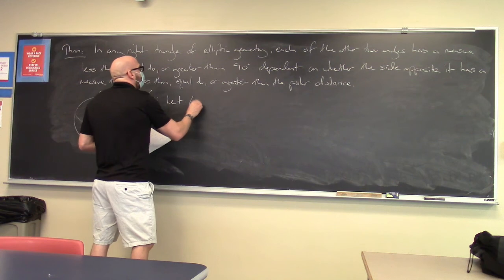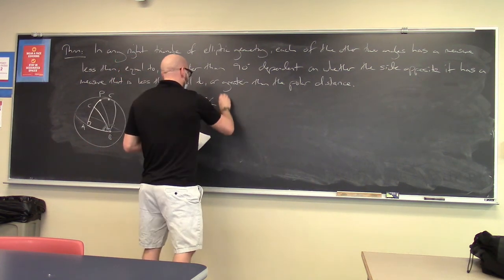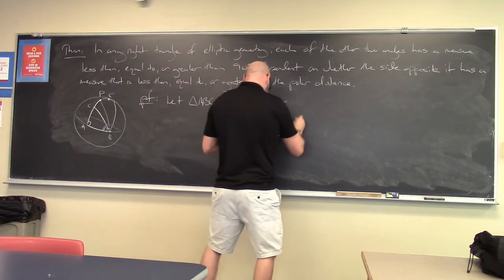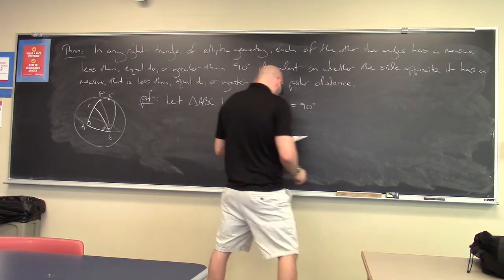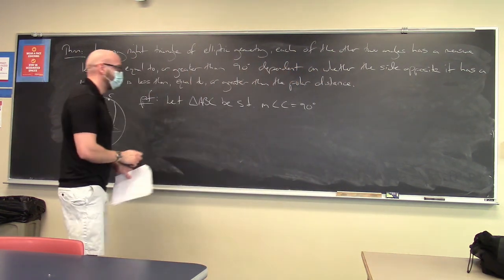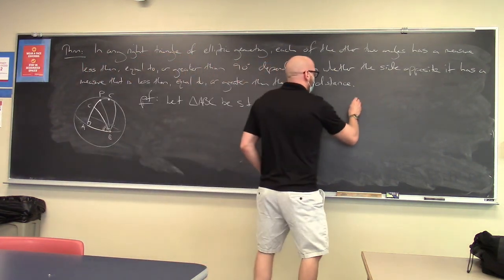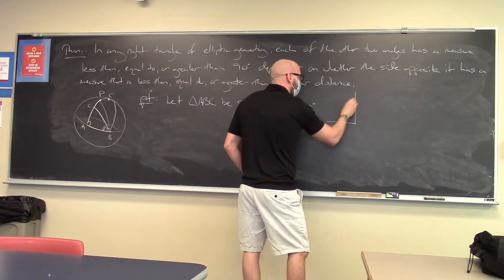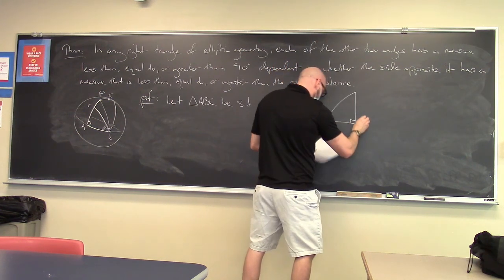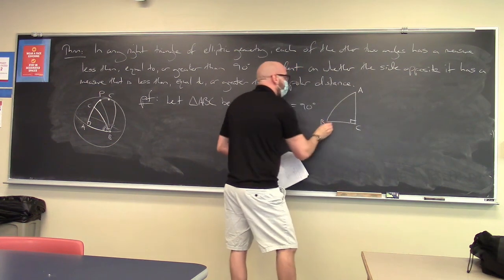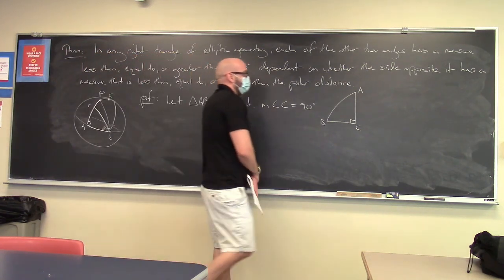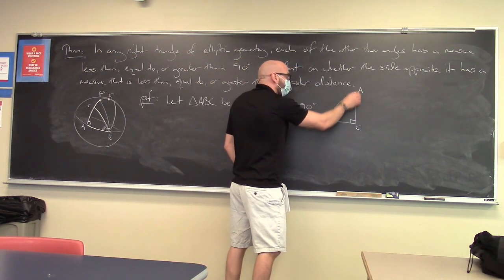So let triangle ABC be such that the measure of angle C is 90 degrees. So here I have my triangle C, A, B. Because this is a right angle, where's the pole of line AC?